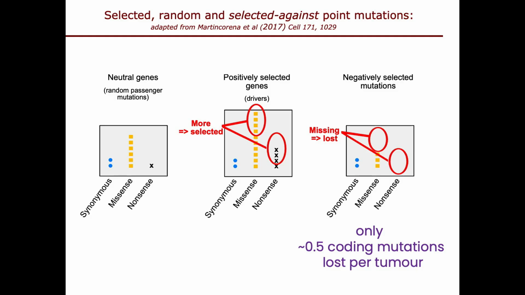So on average, there's half a coding mutation lost per tumour within statistical errors. This tells us that on the whole, in cancers, mutations that change proteins are not selected against in genes in general, and so that argues against there being an effective immune response to cancer, which concurs with what I said in the previous video.